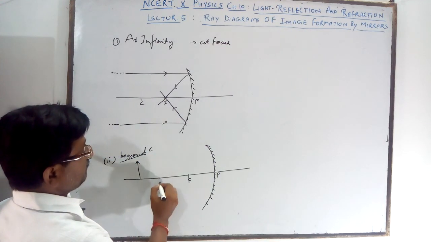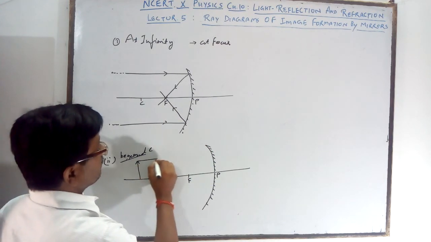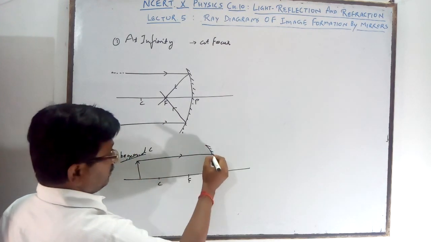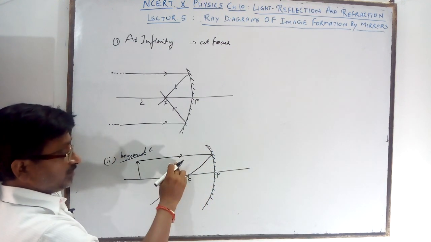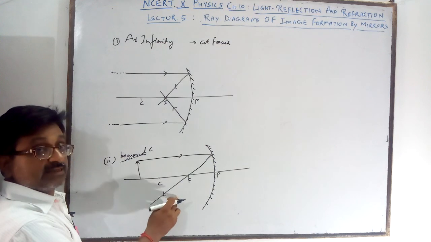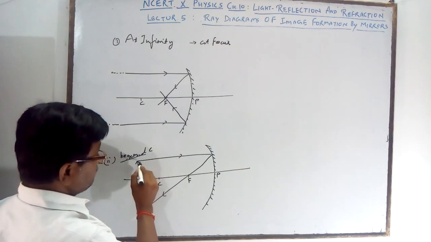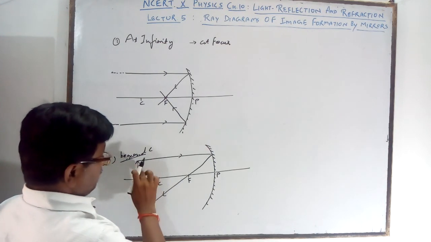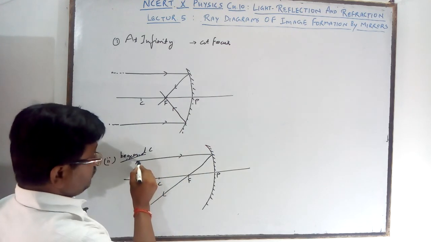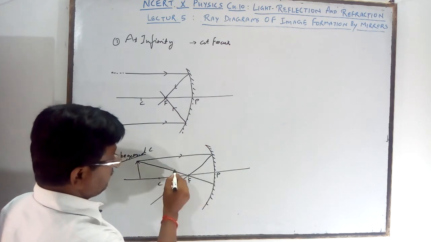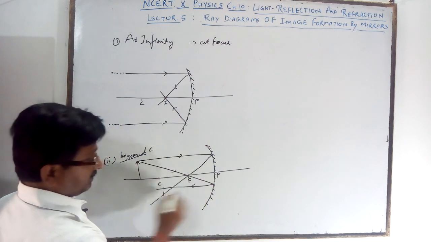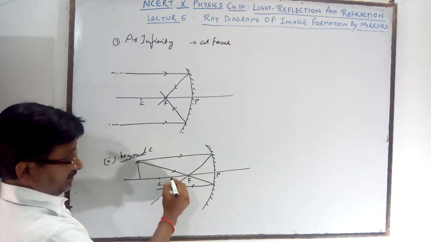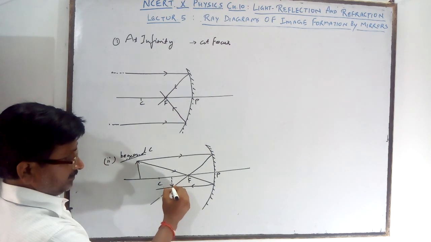So from here you will get a ray diagram. Take the two rays. One is passing parallel to the principal axis. After reflection it passes through the focus. Another passes through the focus, and it will be parallel to the principal axis. With two rays, you get the image formed here.